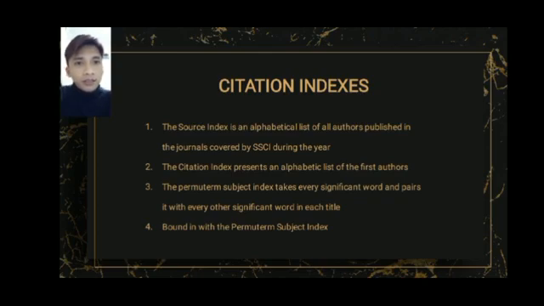The third is the permuterm subject index, which takes every significant word and pairs it with every other significant word in each title. You can find bibliographic information for each author in the source index.